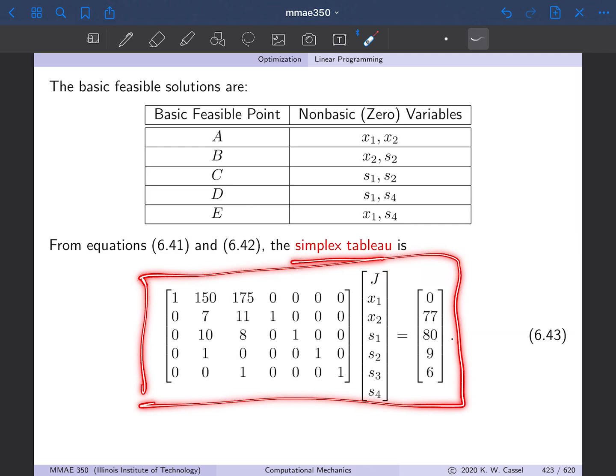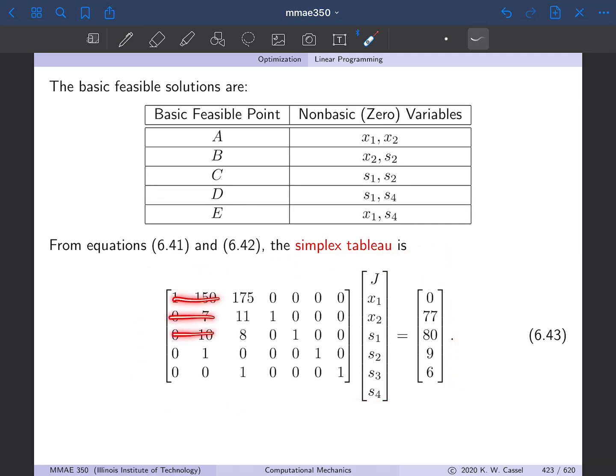Here it is. It's a little more complicated this time because we have 1, 2, 3, 4, 5 equations. Remember, 1 objective function plus 4 equality constraints that were originally inequality constraints. We have 1, 2, 3, 4, 5, 6 variables in the x vector and a 7th variable, which is our objective function.